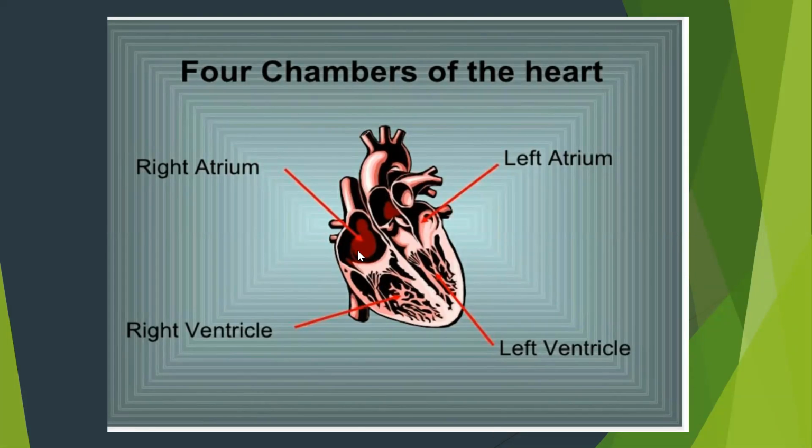That aorta splits into small arteries and gives blood to all the parts of the body. But what type of blood? Oxygenated blood. So this is the complete circle of how blood is flowing inside our heart. This is the process.